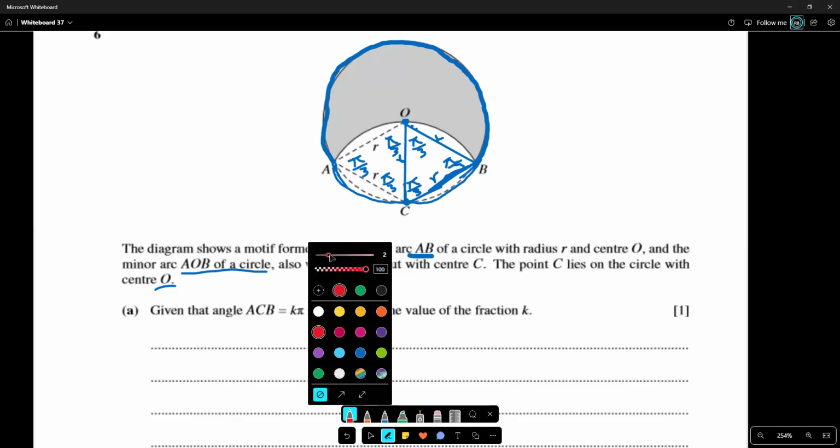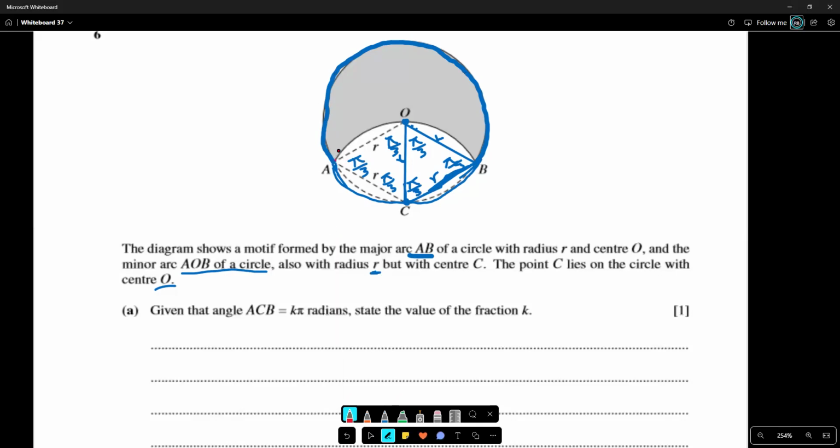This part is exactly the same as this part. It's like if I were to flip this to there, it will get exactly on top of C. That is very important to note. Okay. So now, let's see what they need now. They say given that angle ACB, where's ACB?